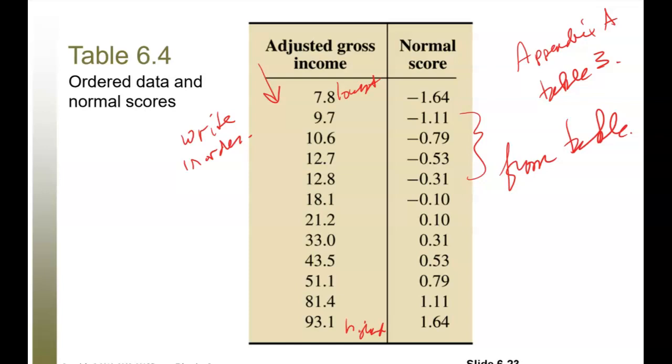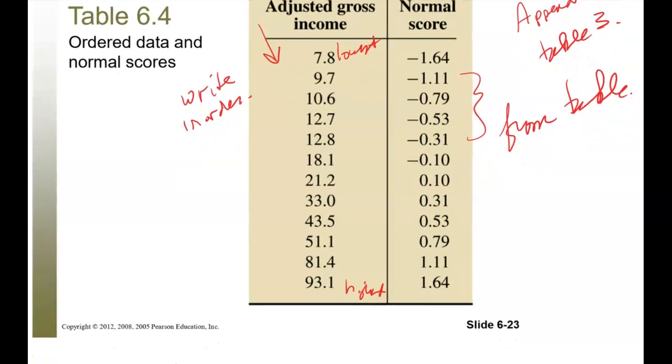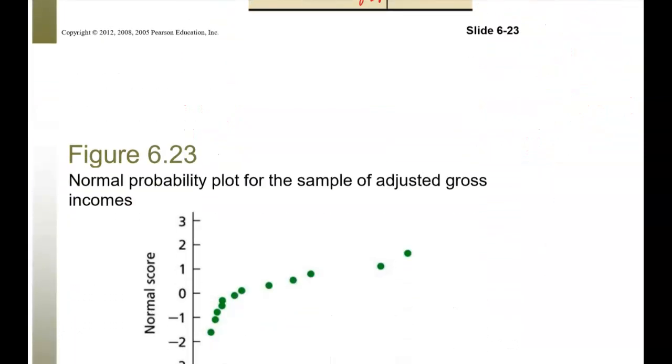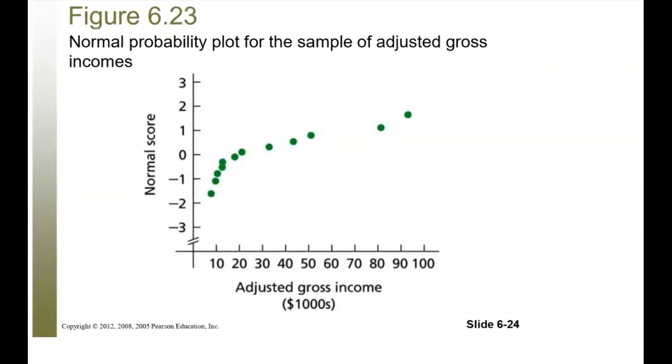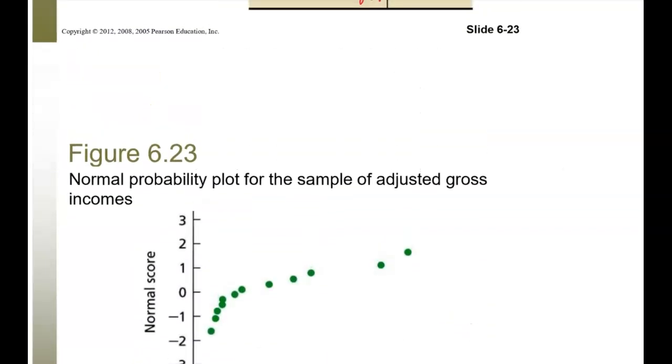The second one should be -1.11, and on and on. And then what you're going to do is simply graph these numbers. So you graph the income across the bottom and your normal scores across the y-axis.